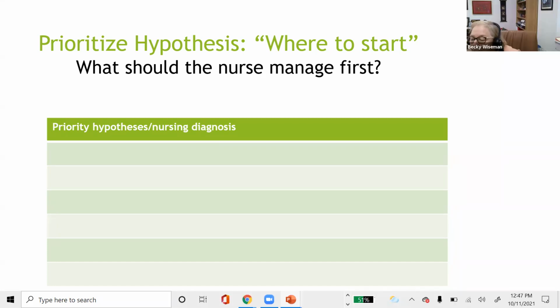Let's see. I got secure airway, acute pain, maintain airway, pain management first, give pain meds.